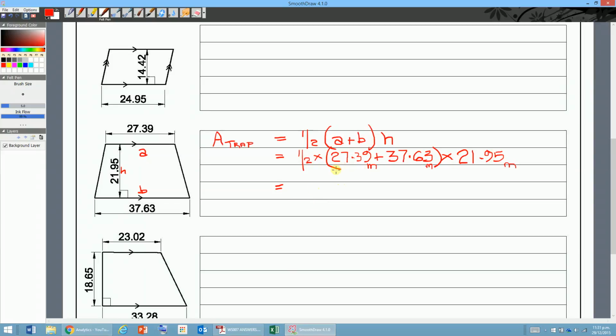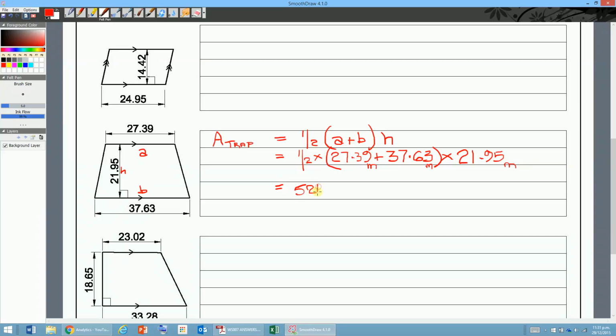And we do that on our calculators. Well, first of all, we can either key it into the calculator and put the brackets in, or I would go 27.39 plus 37.63, and that comes out at 65.02.